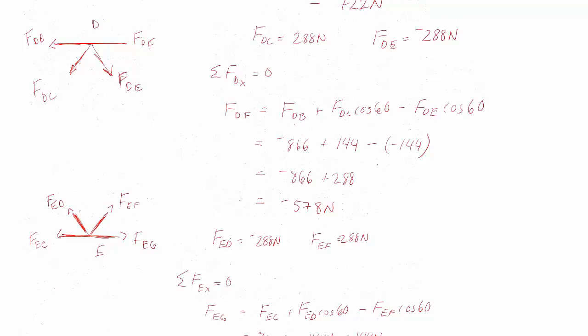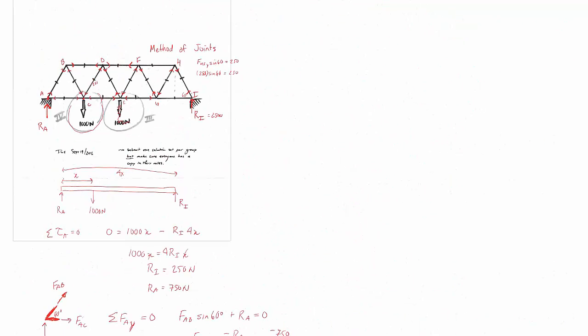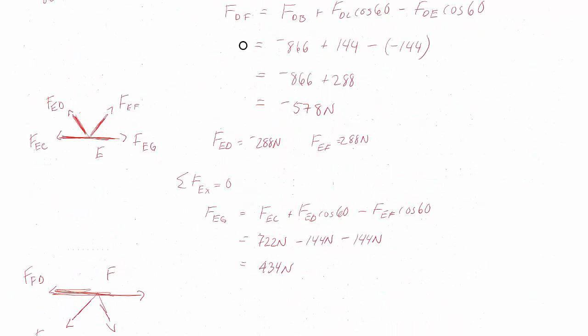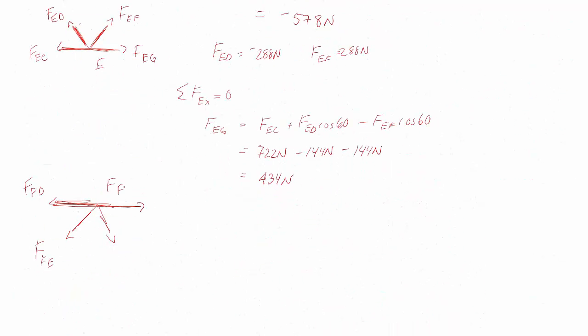And what do we got here? H is across and G is down. Like that. Okay. Sweet. FFE was positive 288 newtons. So FFG is negative 288.